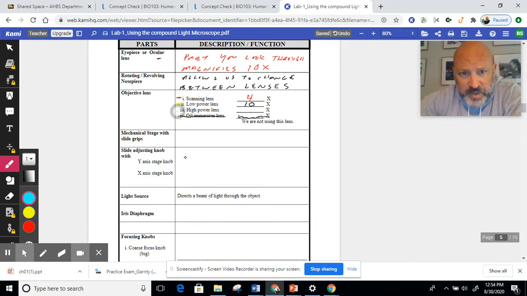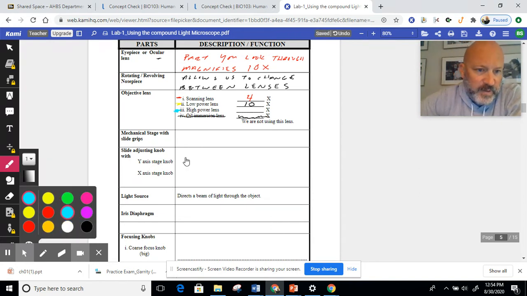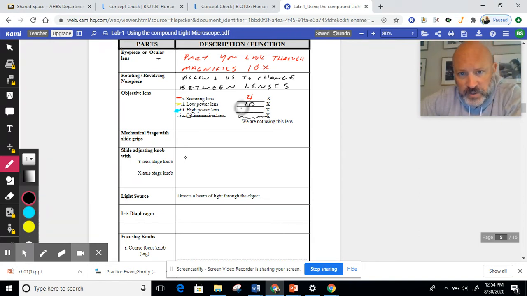The high power objective lens has a blue stripe on it, and it has a magnifying power of 40x. So it will make images appear 40 times larger than they appear outside the lens. So the mechanical stage and the slide grips support the slide, right?